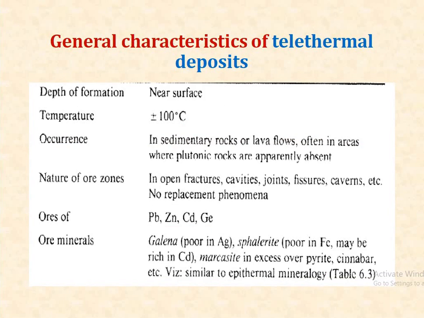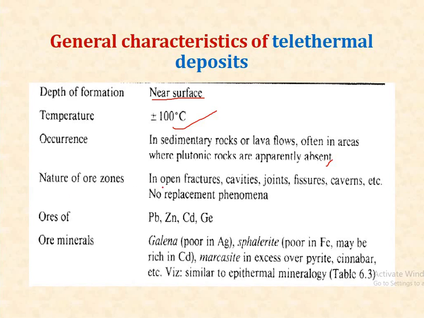Next, the general characteristics of telethermal deposits. These deposits are found near the surface. The temperature of deposition is about 100 degrees Celsius. They occur in sedimentary rocks or lava flows, often in areas where plutonic rocks are apparently absent.